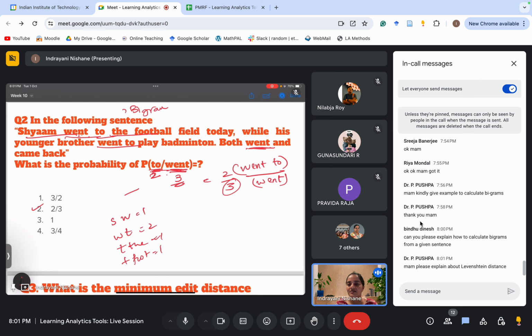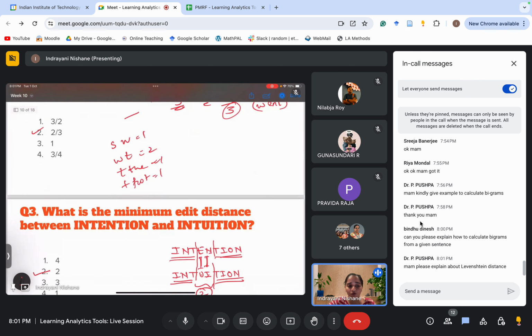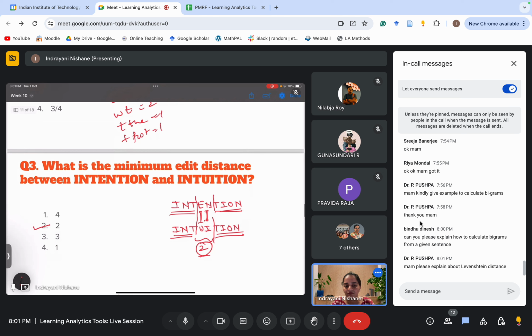Levenshtein distance is edit distance. It is a fancy name given to edit distance. How many letters we have to change to convert one word into another word.